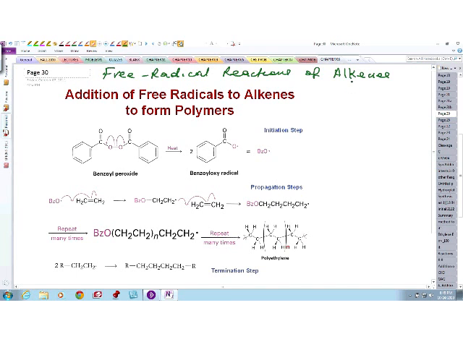Now, this is the type of reaction that is used to make your plastic. I'm sure you guys have seen this kind of plastic before. This is your polyethylene bag. And the starting material is that little bitty molecule that we showed you, the ethylene molecule. That is what gives you this. Okay? You may not think that is possible, but that's what gives you that polyethylene bag.